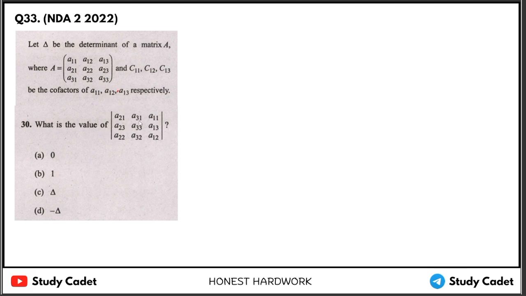Okay, a11, a12, a13. Okay, if we transpose this then it is our a11, a21, a31, right? And a12, a13, a22, a23, a32 and a33. This will be the transpose. And when we do what? 3 1 2 1.